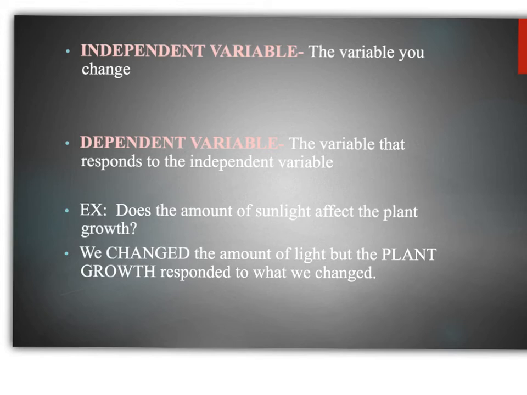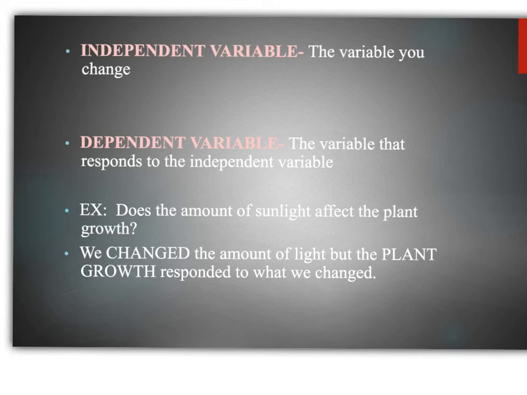Okay? We're going to then every day measure how much the plant has grown. So we change the amount of light. We've purposely put these plants in different amounts of light, okay? But we did not physically grab the root of the plant and pull on it and make it grow, right?